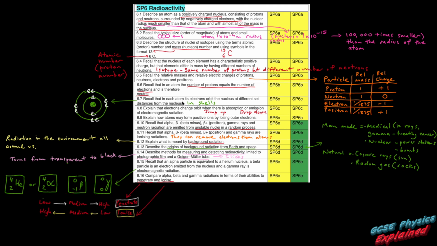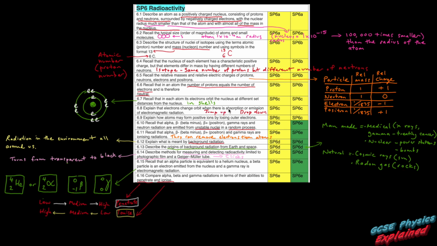Recall that in each atom, its electrons orbit the nucleus at different set distances from the nucleus in shells. So that's your standard picture, which I'm sure you have seen before. Explain that electrons change orbit when there is an absorption or emission of electromagnetic radiation.